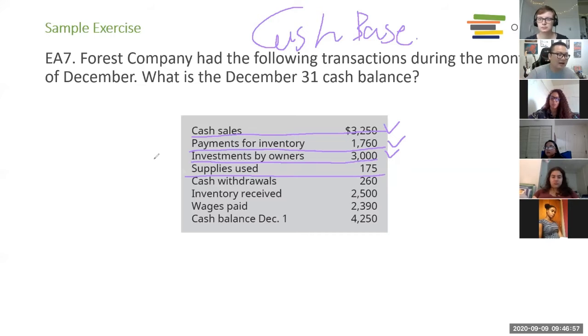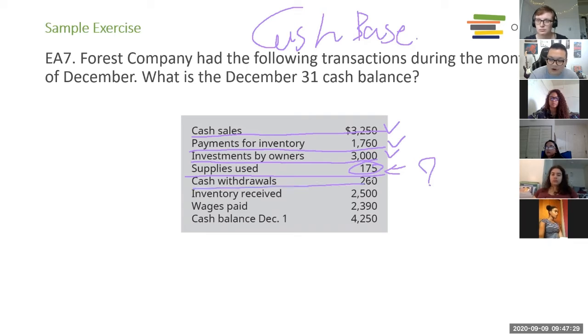For example, imagine if you own a coffee shop, do you buy coffee by the day? For example, you assume you can sell 10 cups of coffee today, so you only buy 10 cups' worth of coffee beans? No, you're not going to do that, right? You're going to buy a whole bunch of things and then use them as sales happen. So the supply use, the money you pay for the supplies, may happen before, or it may happen in the future. So let's put a question mark right here, okay?